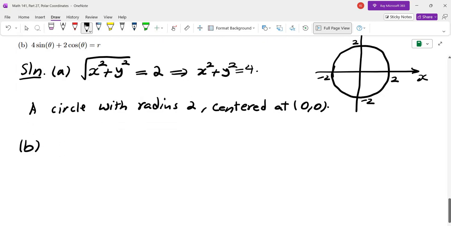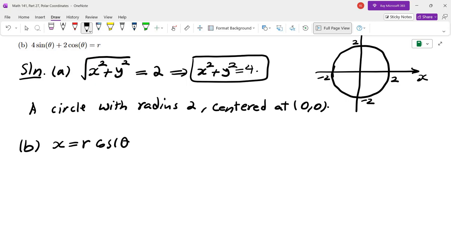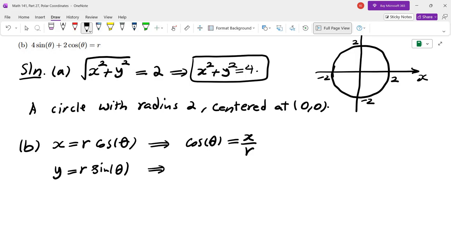For the next part, in order to turn it into Cartesian, we'll have to figure out where sine of theta and cosine of theta appear in the equations that we discussed before. So we see that cosine of theta appears here. So cosine of theta is x over r, and sine of theta appears in the equation for y.